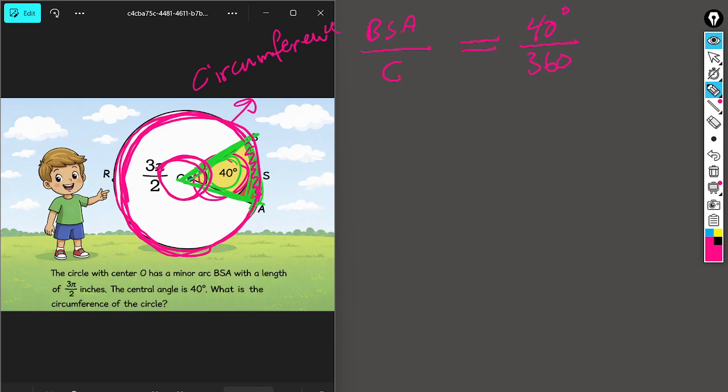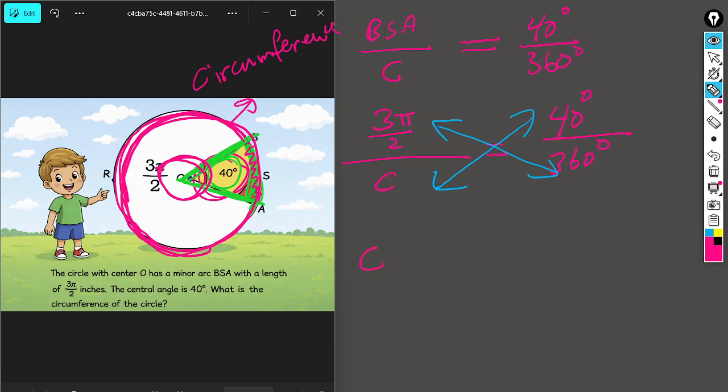To find the BSA, we can go to the question, which is the length of 3 pi over 2. So we substitute 3 pi over 2 divided by the circumference, and this is equal to 40 degrees divided by 360 degrees. We can do cross multiplication, but we need to keep the circumference on the left.